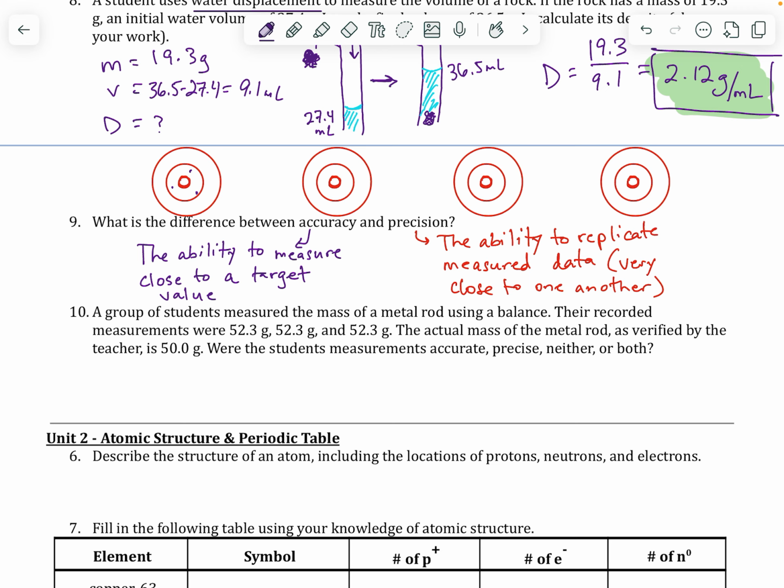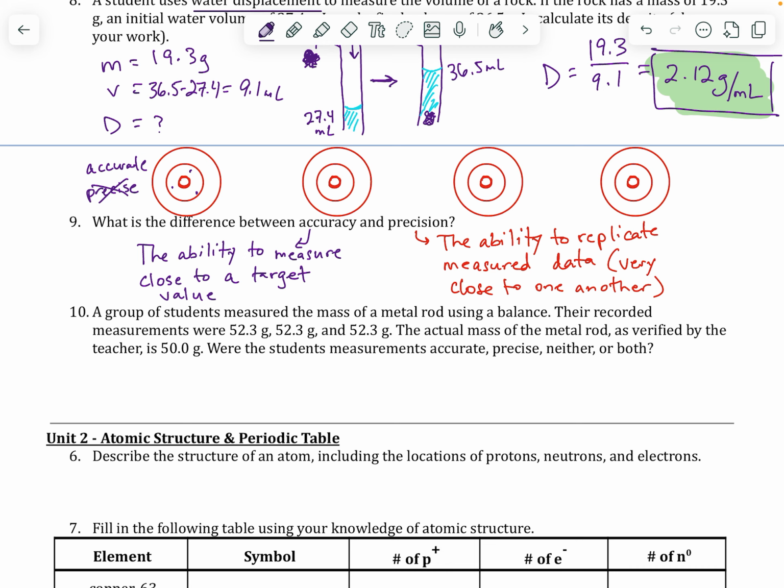You got near the target which you were aiming for. However, you would say that these aren't really in the same spot or location. They're kind of spread out around there. So I would say that this is accurate, but not precise.